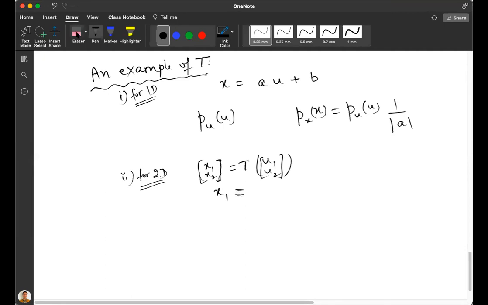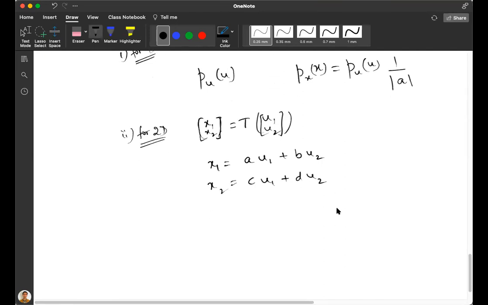Okay, so let's take a simple thing. Let's say I take my x1 equal to some a times u1 plus b times u2, and x2 equal to some c times u1 plus some d times u2, right?